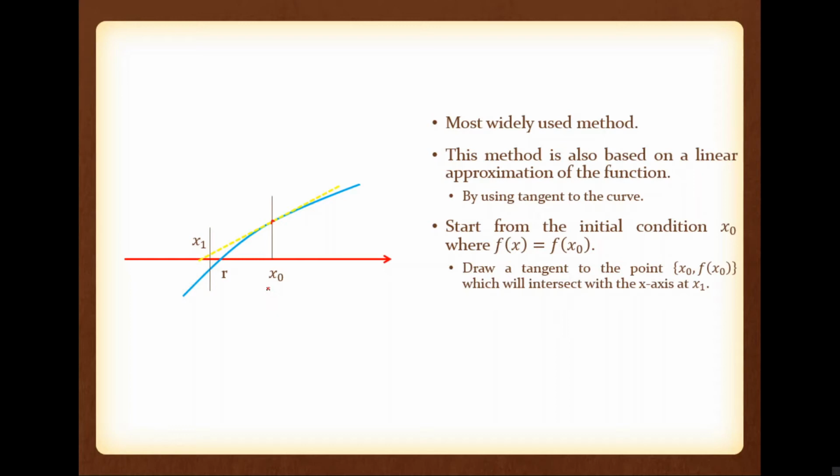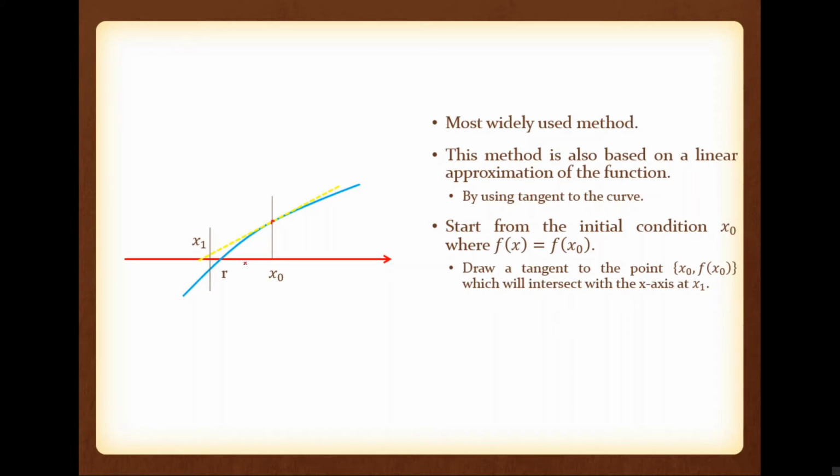What does tangent mean? At that particular point, the tangent is a straight line, and the slope of the tangent and the slope of the curve are exactly equal. That is the characteristic of a tangent: it is parallel to the curve at that particular point.